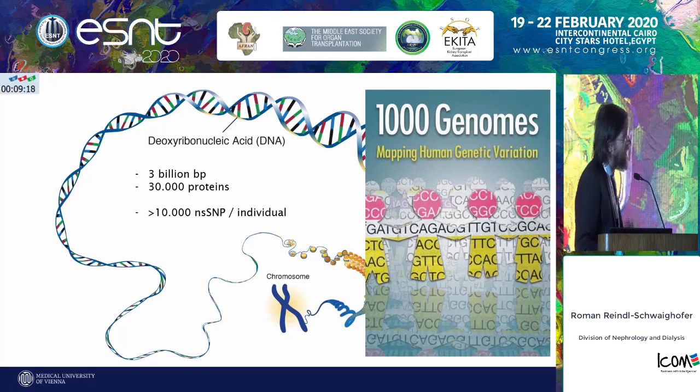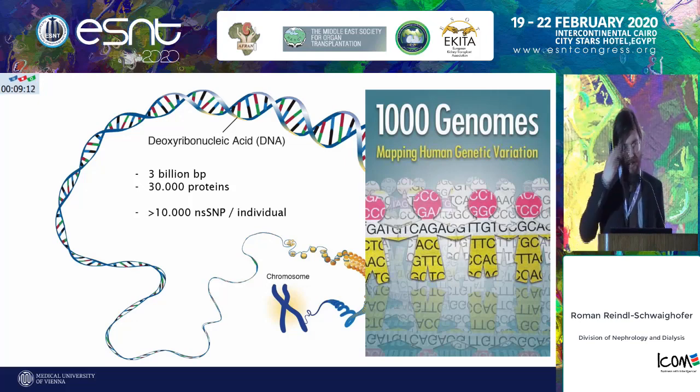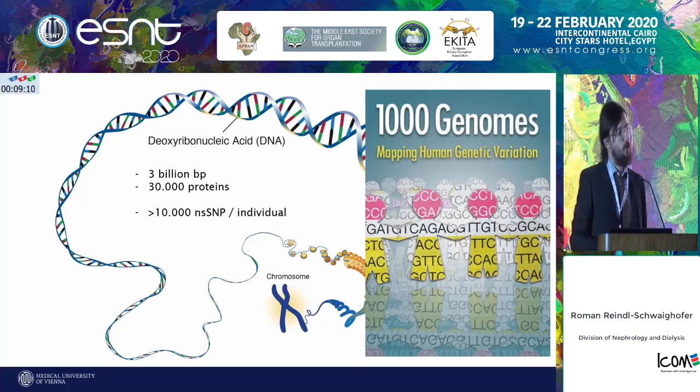Over the last 10 years, two great international consortia, the 1000 Genomes and the HapMap project, sequenced several hundreds of individuals, and they uncovered that each individual differs from other individuals by up to 10,000 so-called non-synonymous single nucleotide variants. These are genetic variants that change the amino acid structure of proteins and thereby have polymorphic residues, potentially also on cell surface proteins.